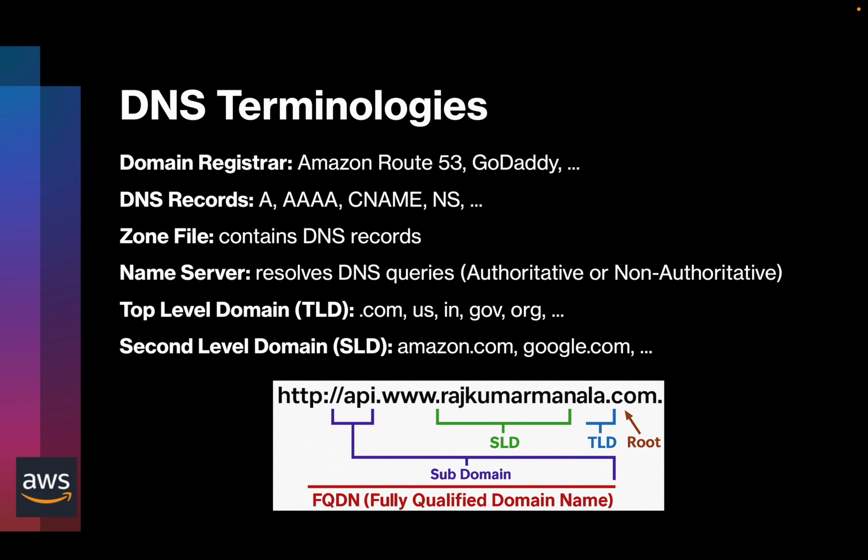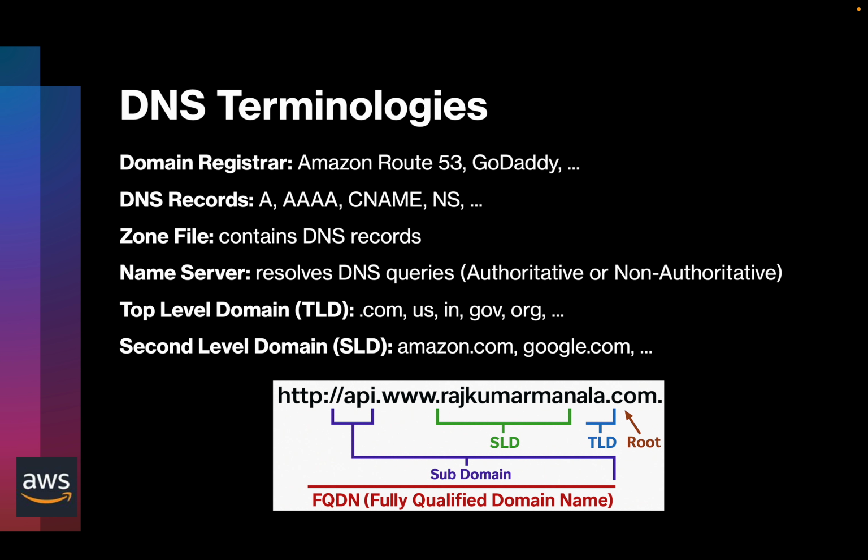Now if you look at my website here, HTTP is a protocol. We have different kinds of protocol: HTTP, hypertext transfer protocol, and HTTPS, hypertext transfer protocol secure. After the two forward slashes, api. is the subdomain name.